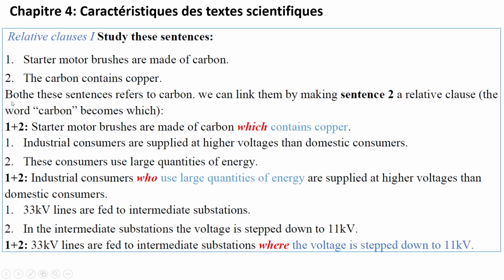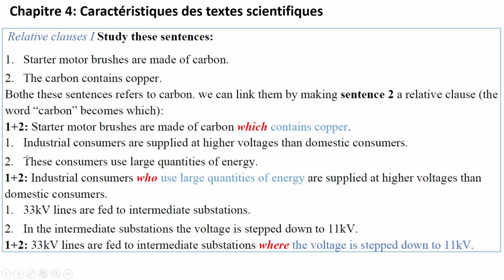The word carbon becomes which. We replace this word with the word which. So we find: starter motor brushes are made of carbon which contains copper. We remove this carbon and we put which.